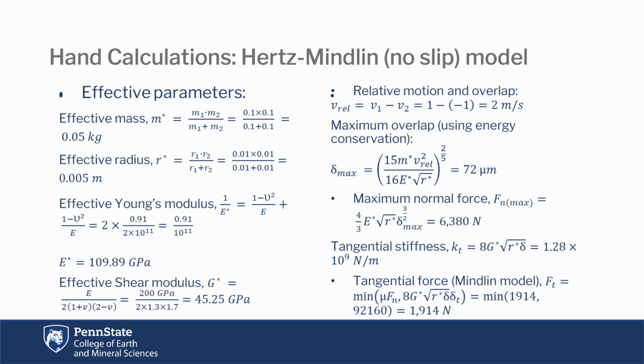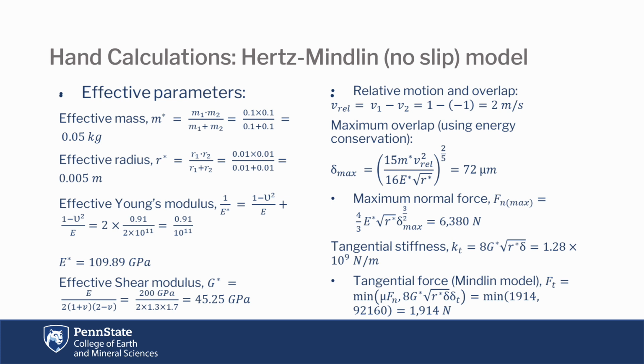The minimal value was the one from friction, 1,914 Newton, compared to the 92,160 Newton from the other one. Because Coulomb's law is limiting, we have to go for the lower value.